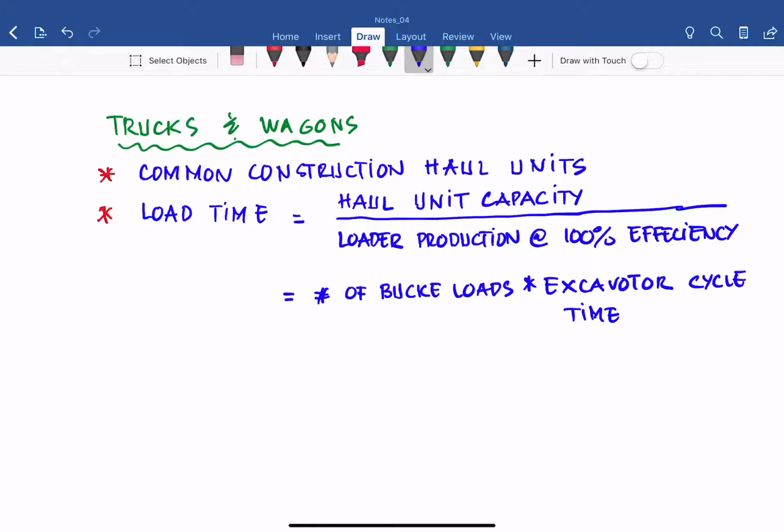How about the other fixed time like spot, dump, maneuver, etc.? So it can be available on a table.